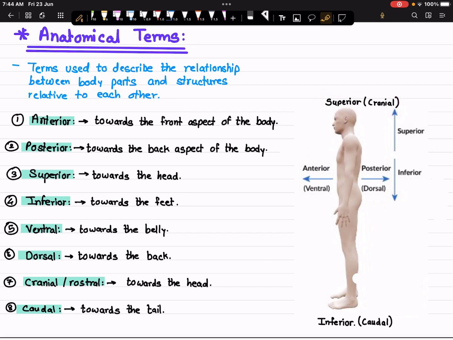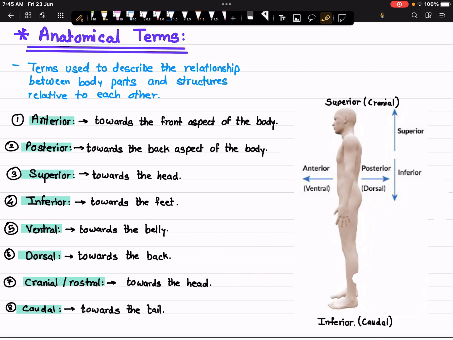And the difference between inferior and caudal is that for inferior, we say that it is going towards the feet, and in caudal it is going towards the tail. But in four-legged animals like a dog or a cat, this is the tail, okay, and this is the last feet. So in these animals, this is the posterior part and this is the caudal part.